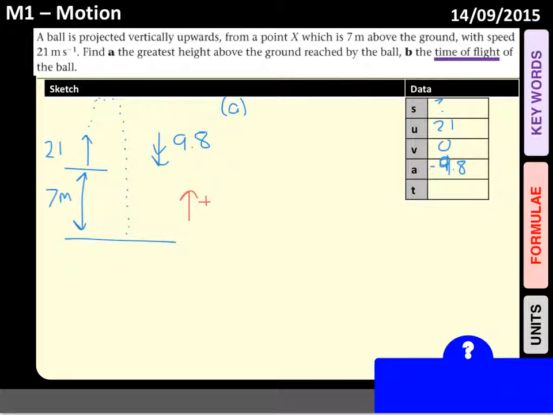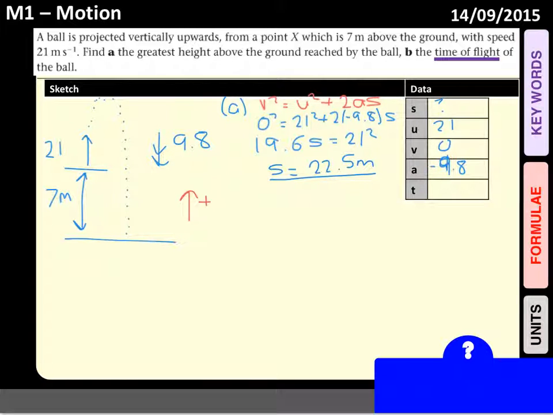With these variables, S, U, V and A, we are going to use v squared equals u squared plus 2as. Subbing in, 0 squared equals 21 squared plus 2 lots of minus 9.8 times S. And if we rearrange, we're going to get 19.6S is equal to 21 squared. And that's going to give us a displacement of 22.5 meters.